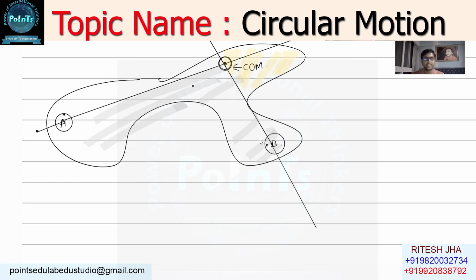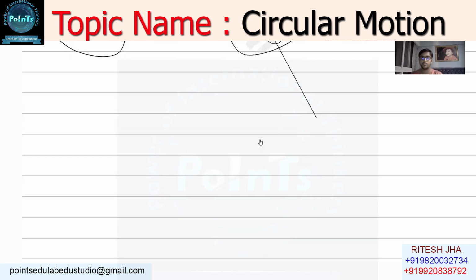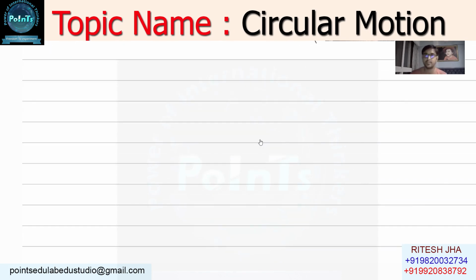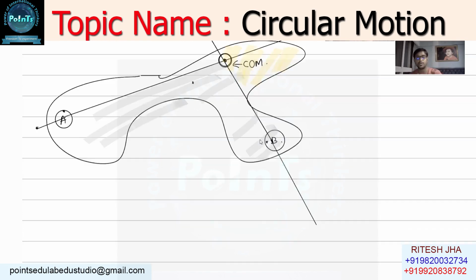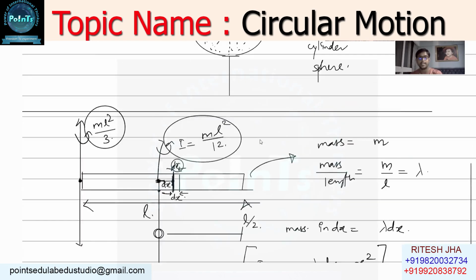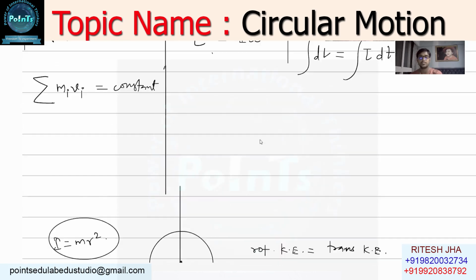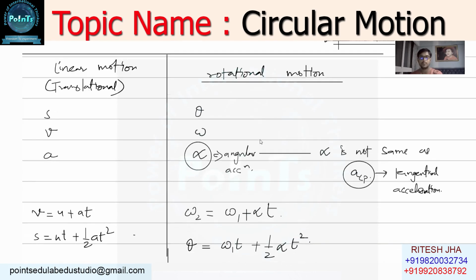A lot of complicated stuff is there, but if you learn this systematically, it becomes easier. It's not difficult to determine the moment of inertia for an irregular object, though it is not in our scope, in the scope of the IB syllabus. I hope along with the circular motion, these rotational dynamics got clearer.